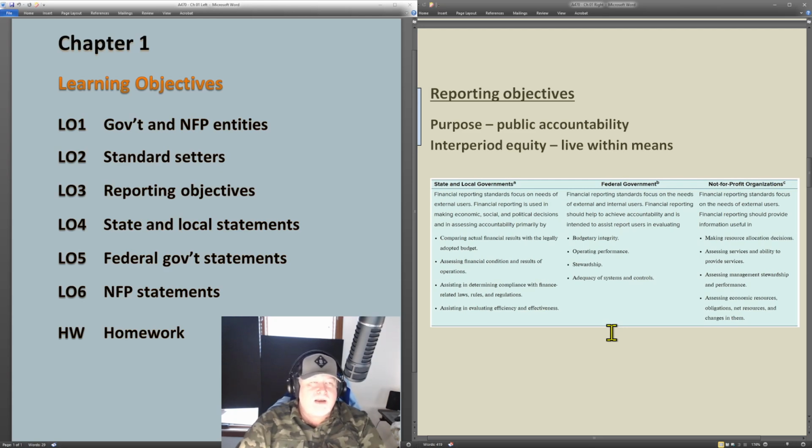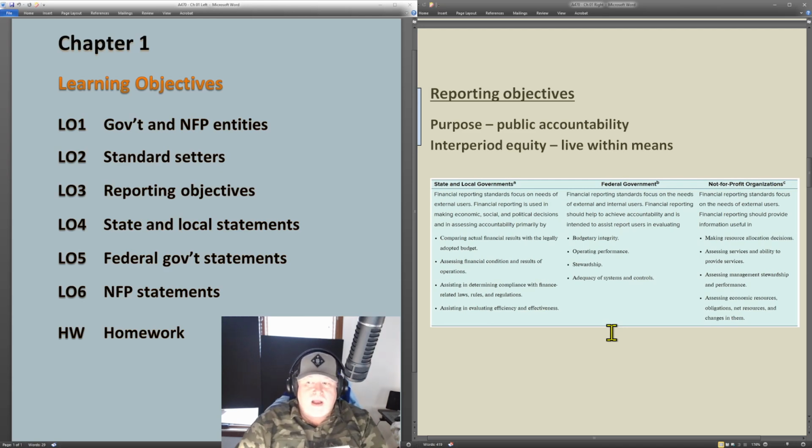So when a state or local government creates a budget, they are basically saying this is our promise to the taxpayers about how we're going to spend the tax money, and therefore it's legally binding. So this is an additional requirement on the budgetary process that we haven't studied in managerial accounting or in principles.